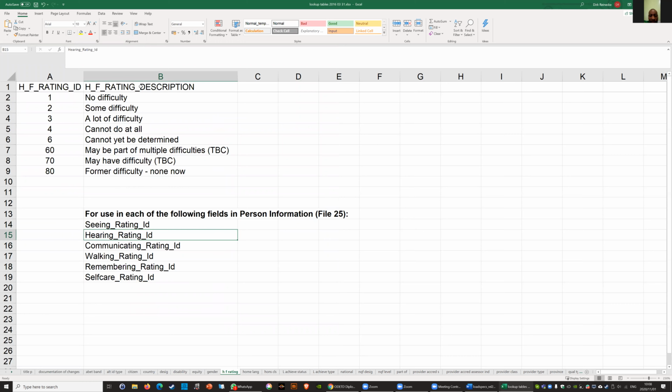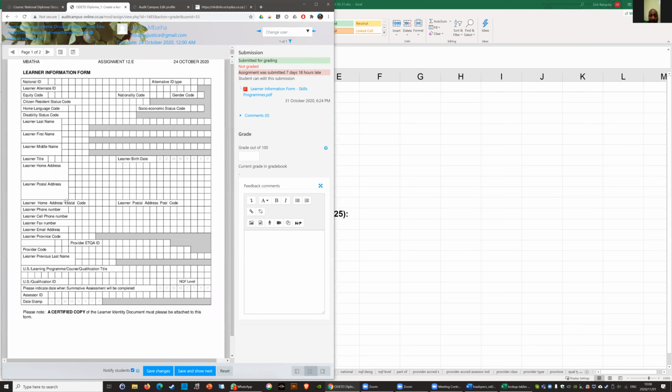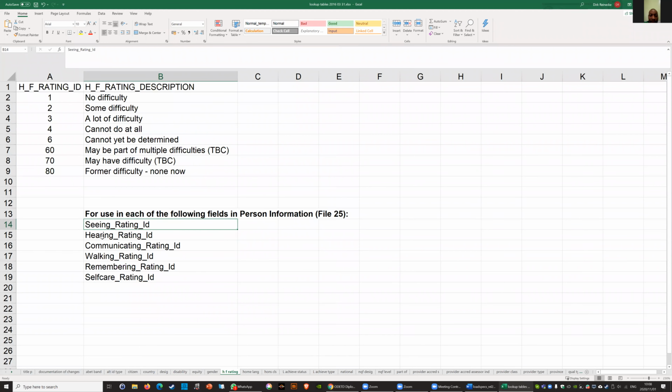On the existing form, there was just the disability status code. That disability status code now needs to be replaced with seeing, hearing, communicating, walking, remembering, and self-care. Yeah, so for example, at Audit Campus, we changed this form at the beginning of the year.